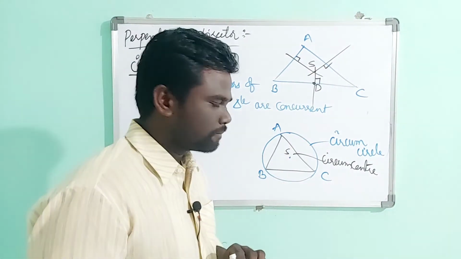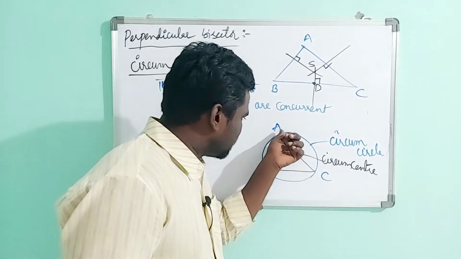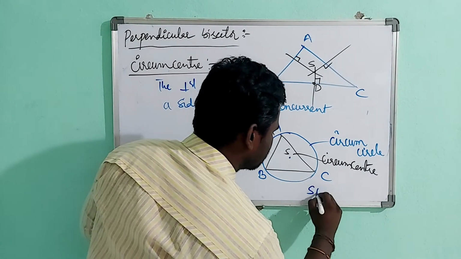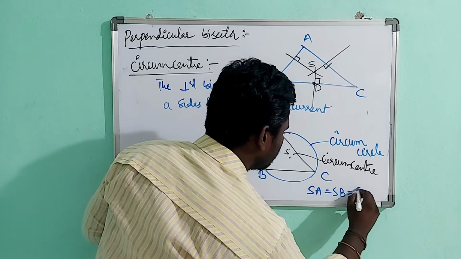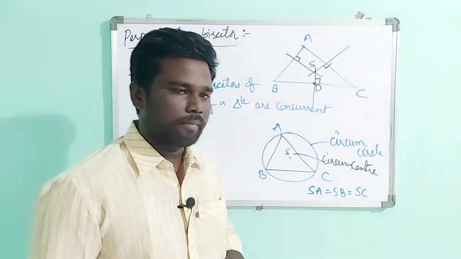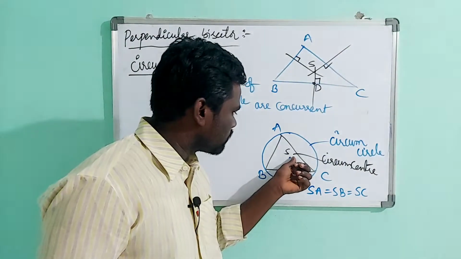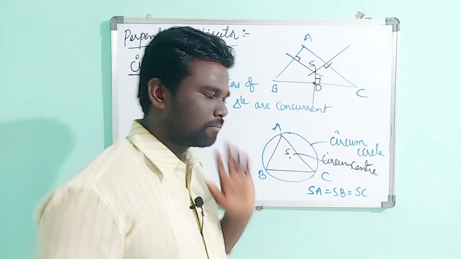Here one more condition is SA equal to SB equal to SC. That is the main condition. So the distance from the circumcenter to all the vertices is the same.